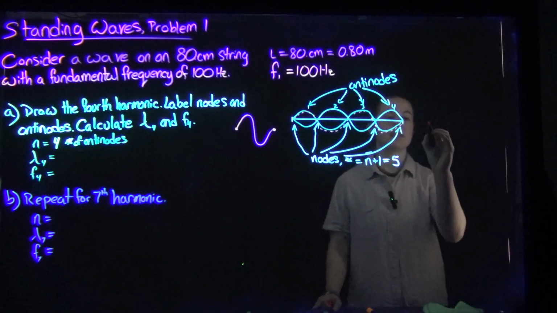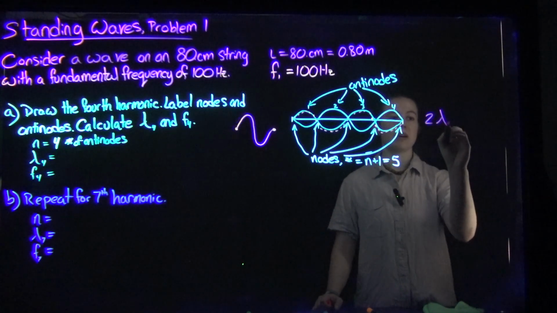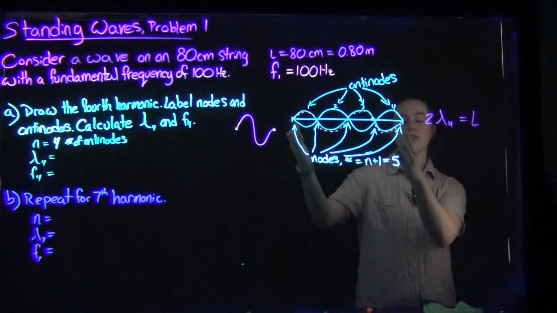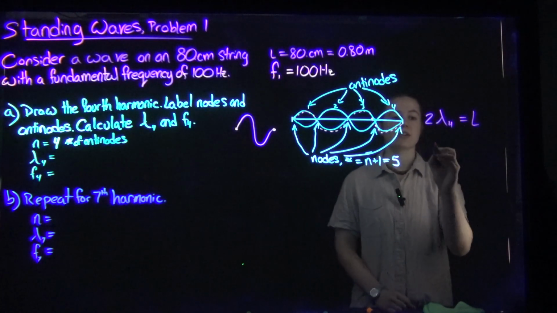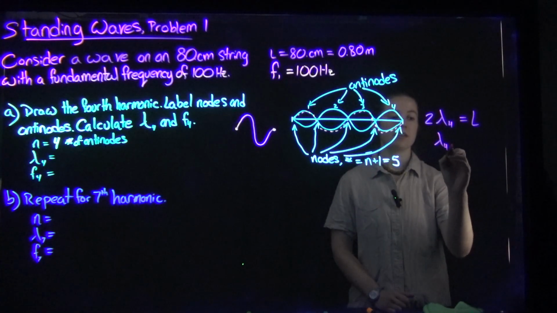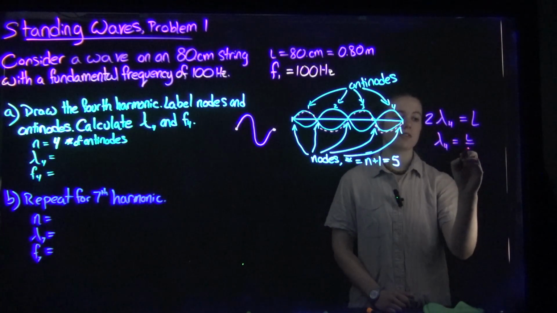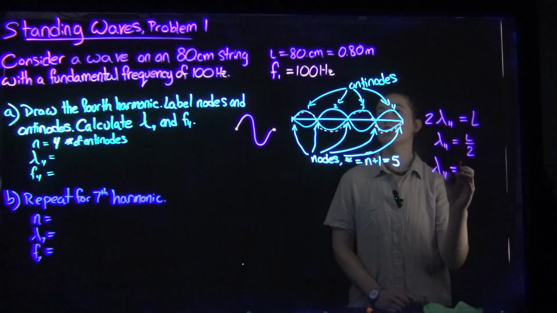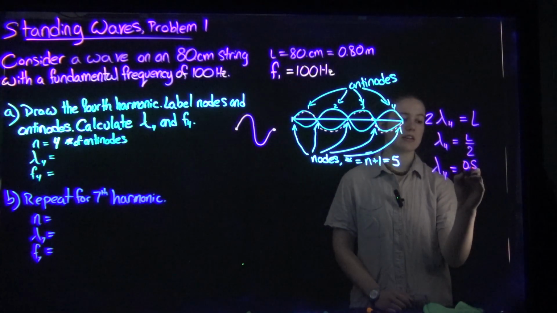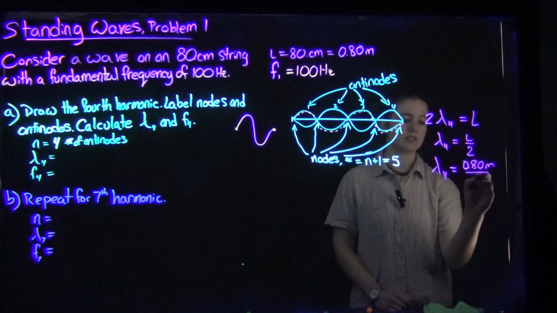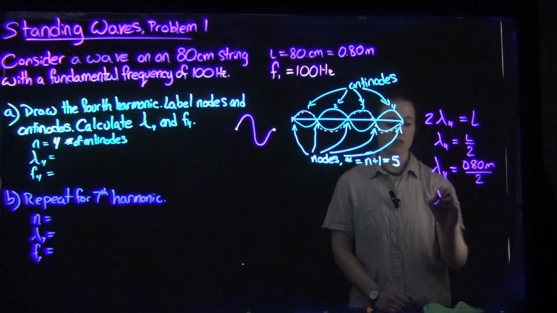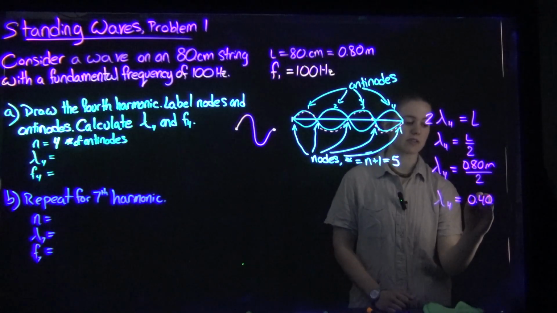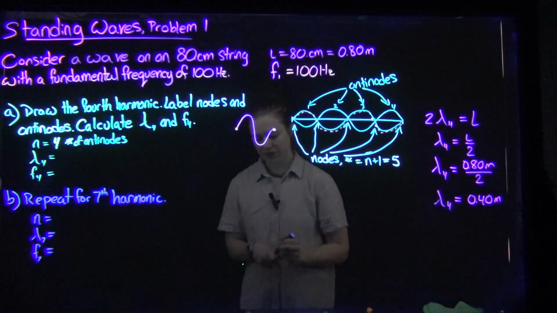So we have 2 wavelengths along our length, which is L. So if we solve for wavelength, that's 0.80 meters over 2. So lambda is equal to 0.40 meters.